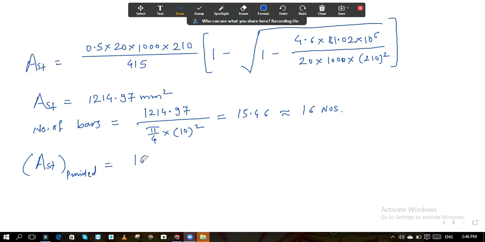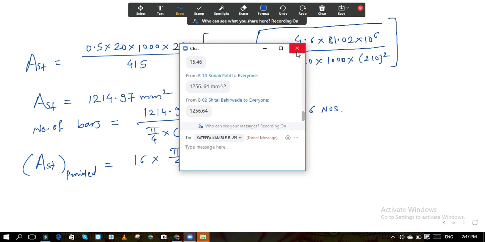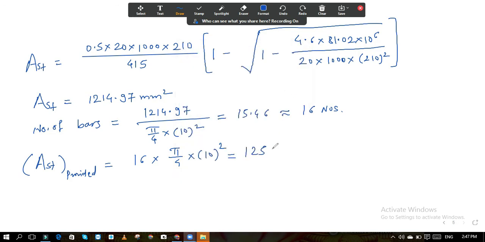We are going to provide 16 bars, each of diameter 10. 1256.64 mm square. Okay, so this is the AST provided.